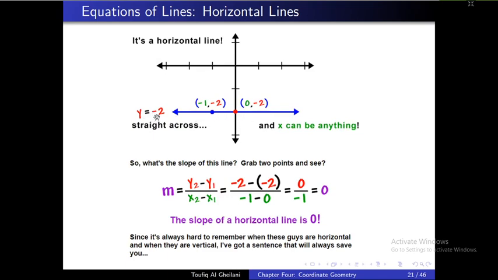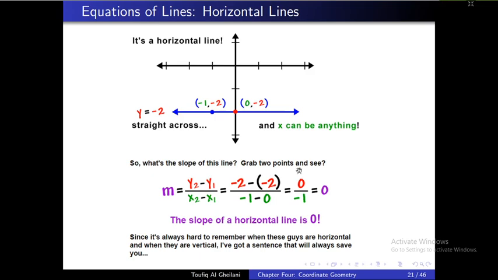and y equal minus 2, and x can be anything, like 0, 2, or minus 1, or minus 2, or 1, or 2. So what's the slope of this line?